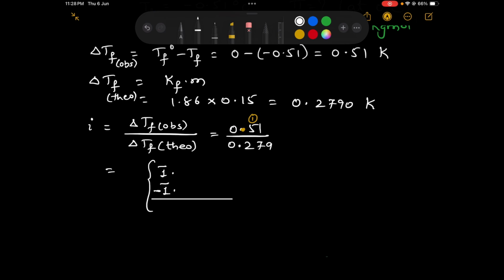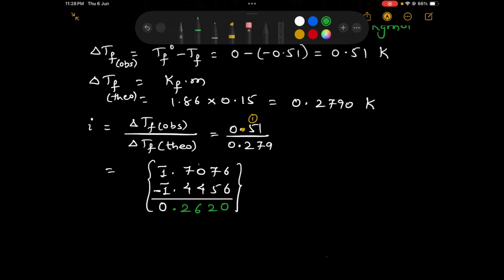Now the log for 51 is 7076 and the log for 27 under 9 is 4456. So let us subtract: 2620. Now bar 1 minus of bar 1 is nothing but bar 1 plus 1. So bar 1 plus 1 is 0.